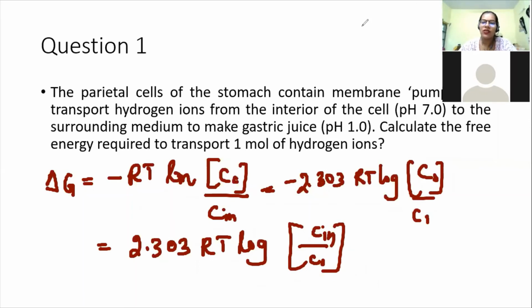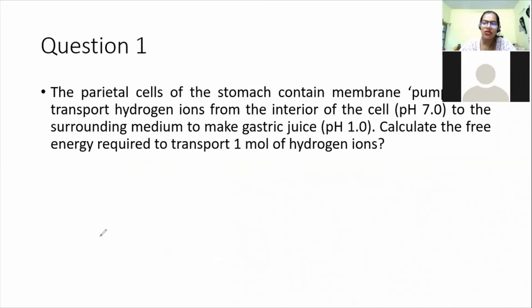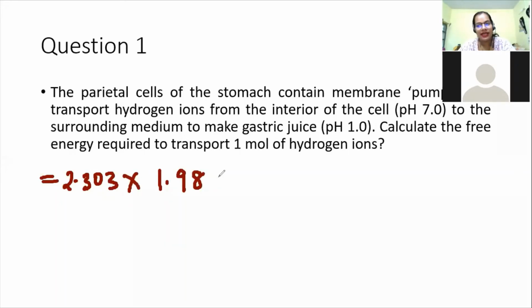Now let's calculate. So what are the values given? It is equal to 2.303. What is the value of the gas constant? The value of the gas constant is 1.98 calories per degree Celsius. Since they have not mentioned at what temperature, we are going to take the normal temperature, but it has to be in Kelvin.